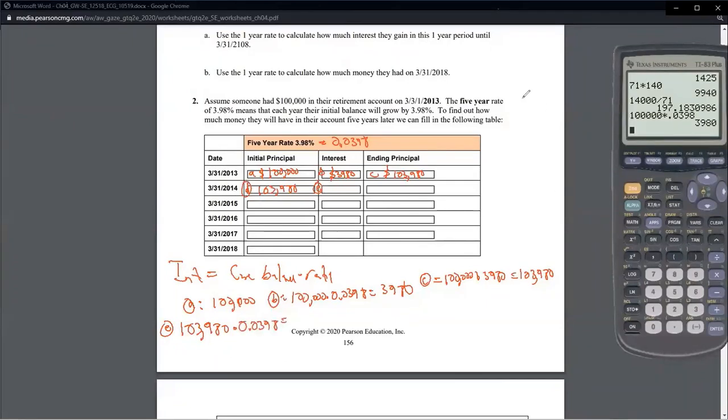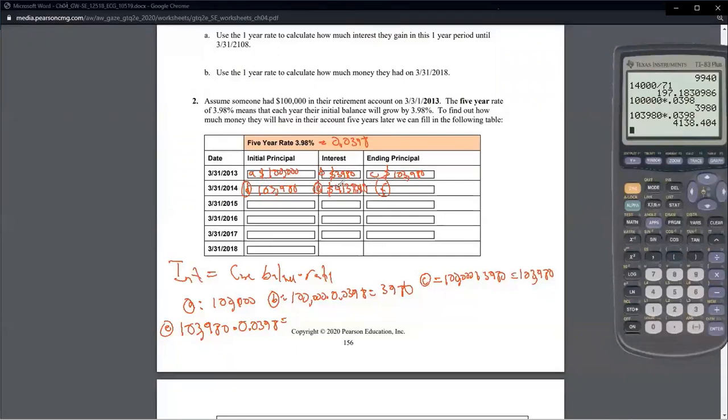So let me go off of annotate. 103,980 times 0.0398. And we get $4,138.40 rounded to the nearest penny. 4138.40, so this is dollars still.